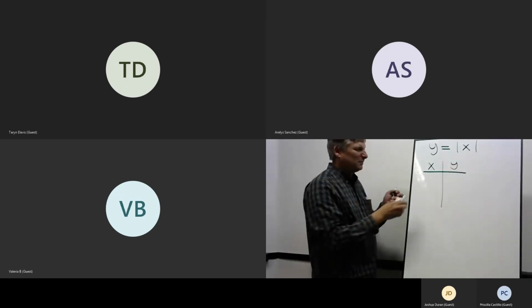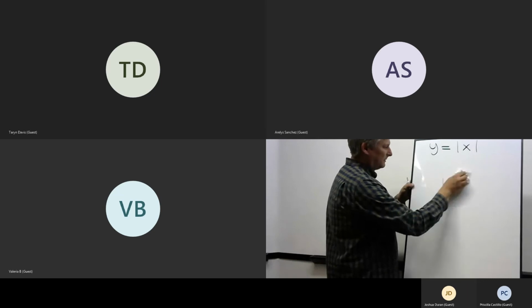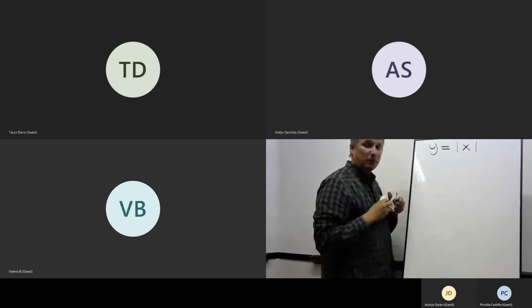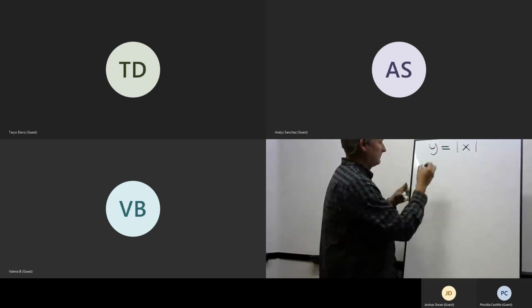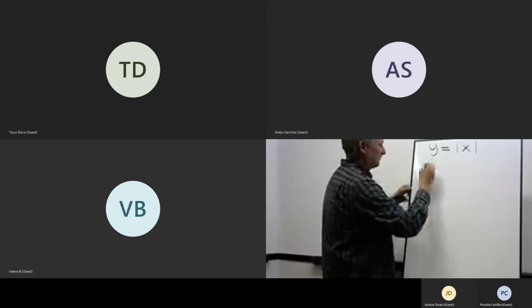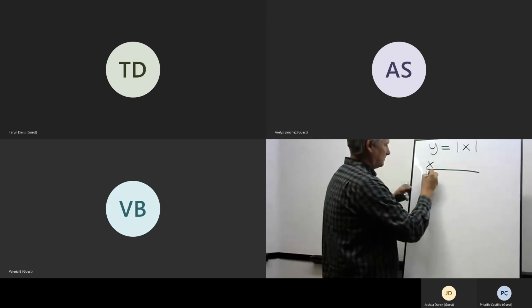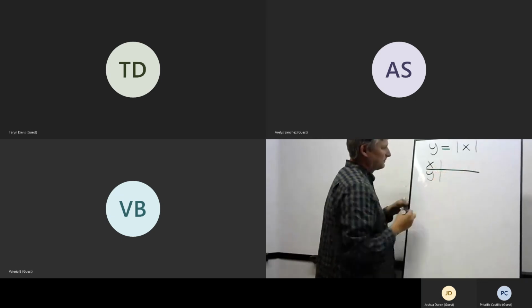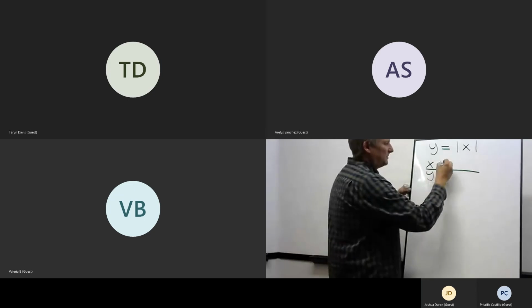In fact, let me write this a little differently. I'm going to do it horizontally, just so we have more room. So I'm going to choose these as x's.